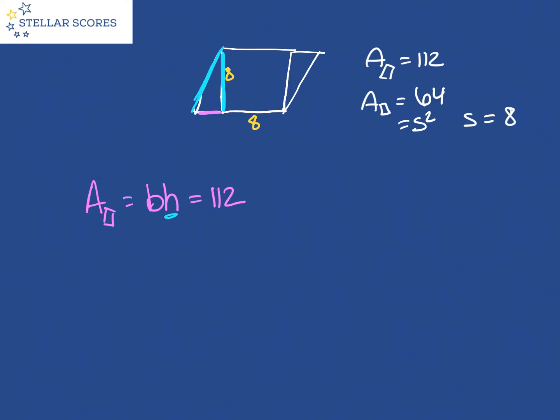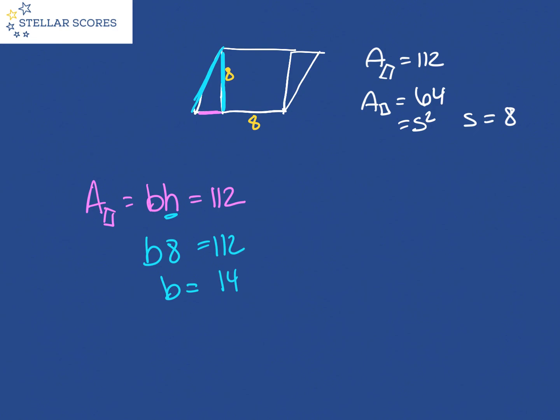So it's going to be the base, which we don't know, we're solving for, times the height of 8 is equal to 112. Divide out by 8, base is equal to, I've got to do it in my head, right? 8 goes into 11 one time with 3 left over, then 8 into 32. 8 times 4 is 32. So b should be 14. Now, a lot of students will jump and say, oh, look, isn't that convenient?